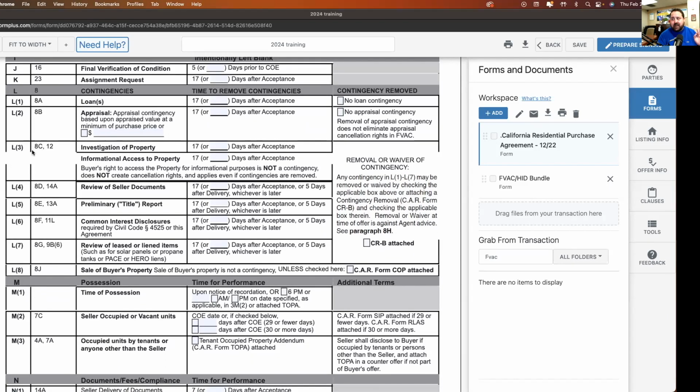3L3. So this is paragraph 3L3. This is the investigation of property. So investigation of property is just that.